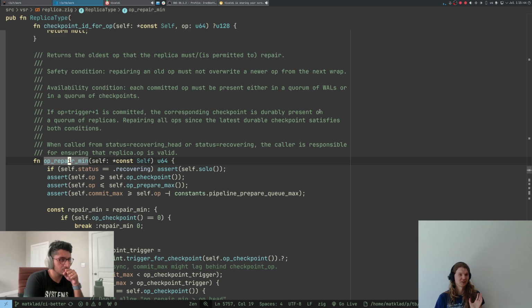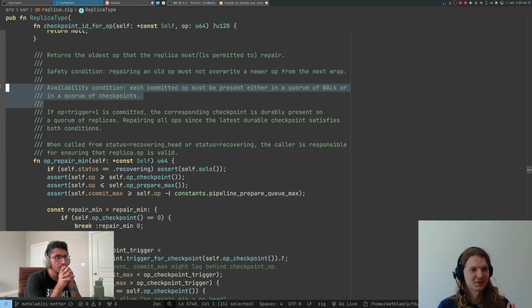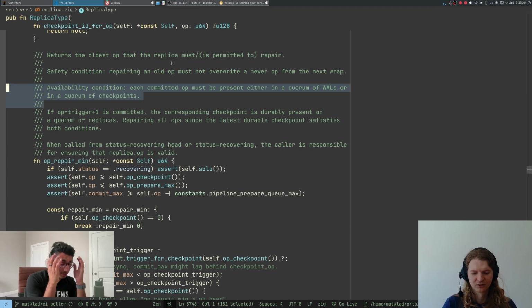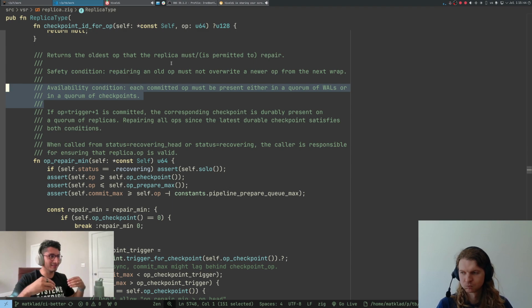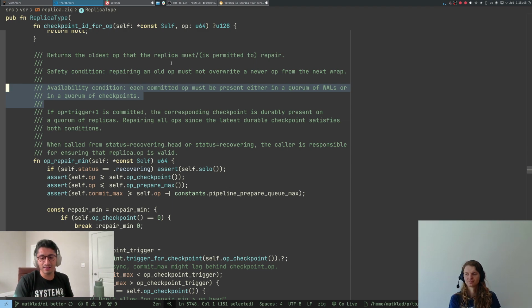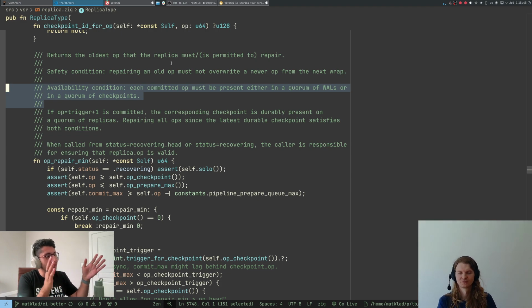Logically, this should technically be the uncheckpointed part of the log, right? So that should be the part that you should be allowed to repair.